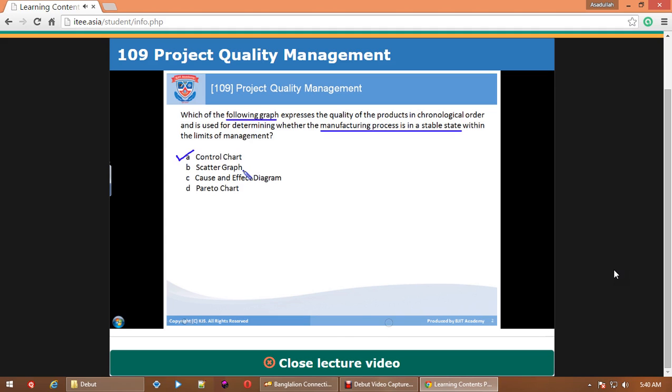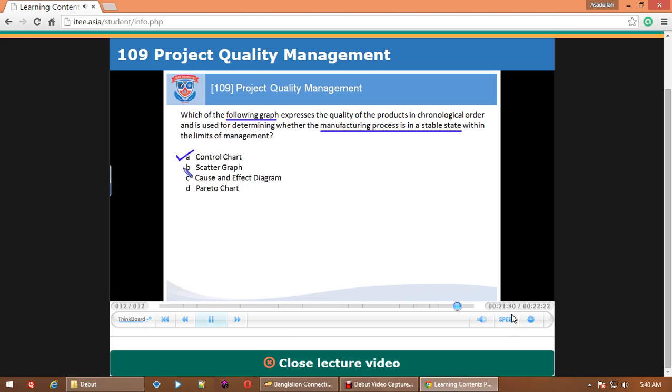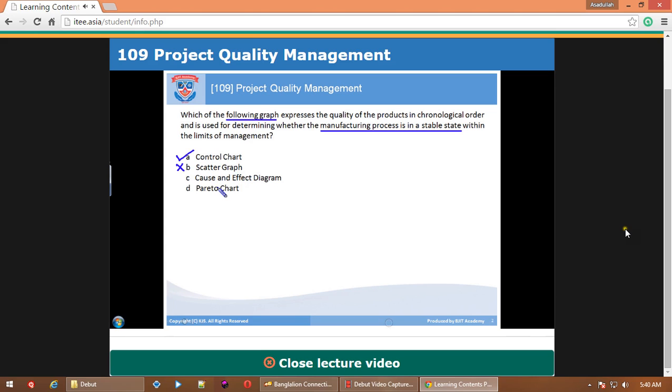The scatter graph basically shows the relationship between two factors. For example, if one factor increases, whether the other factor increases or decreases. So this is not the correct answer. The cause and effect diagram basically shows the possible causes for a given outcome.